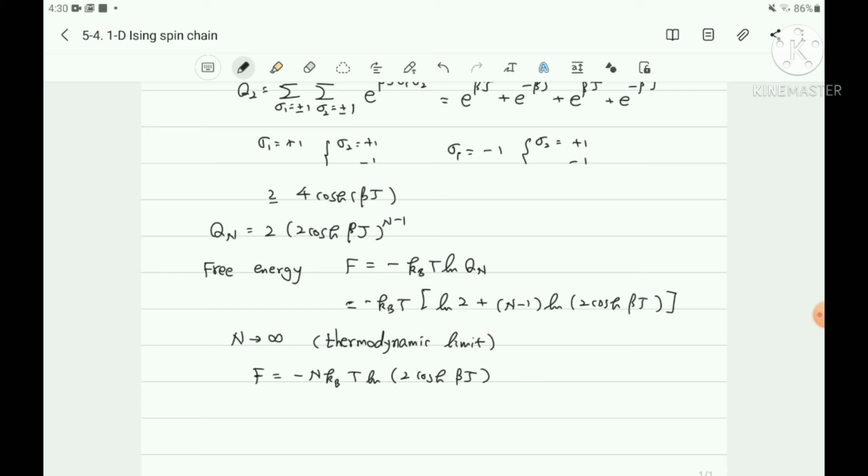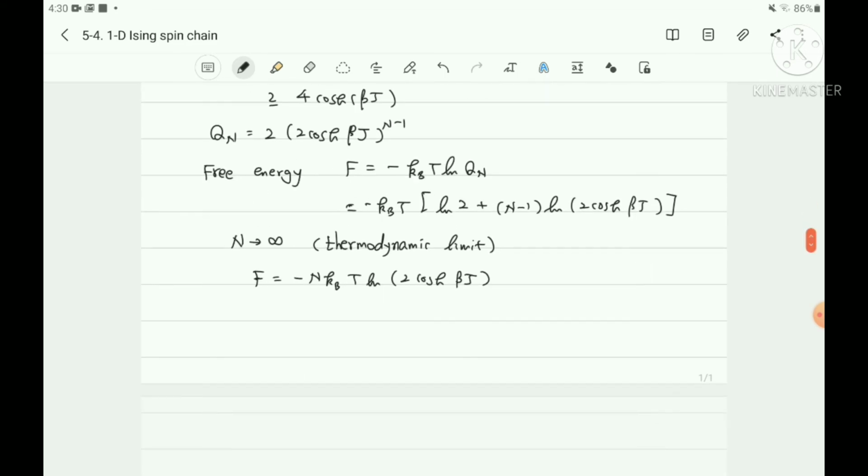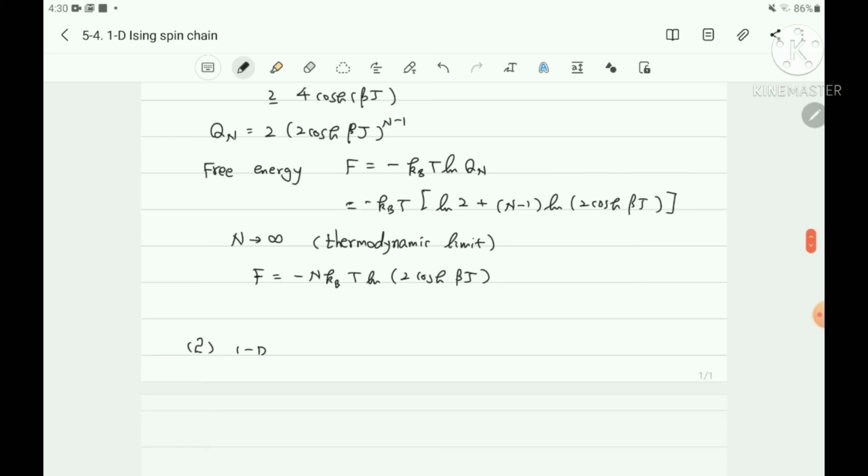The important thing is what happens under the magnetic field. There is nothing special in the case without a magnetic field. Now the one-dimensional Ising spin model in a magnetic field.